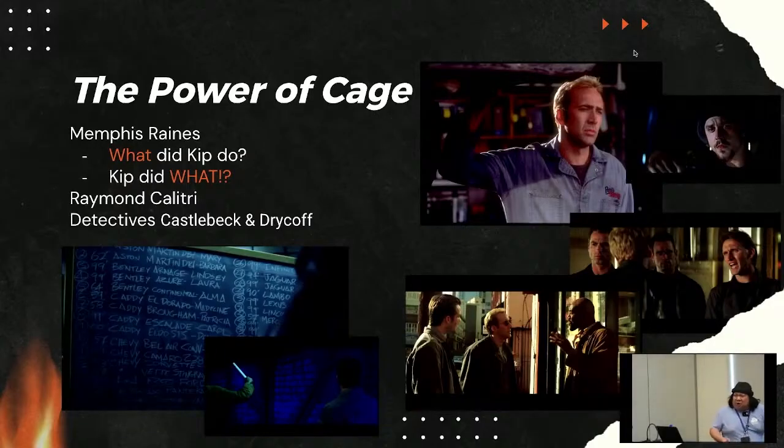So just like when I walked into that meeting with the stakeholders, I was like, all right, what does business want? Then you hear what all the constraints are, and you're like, business wants what? Memphis thought, yeah, I can help Kip. He's my little brother. I steal cars all the time. What's the big deal? You got to do 50 in a night. No way. No one's doing 50 cars in a single night, and that's the whole plot of the movie. It's like, how can Nicolas Cage steal all these cars in a single night?